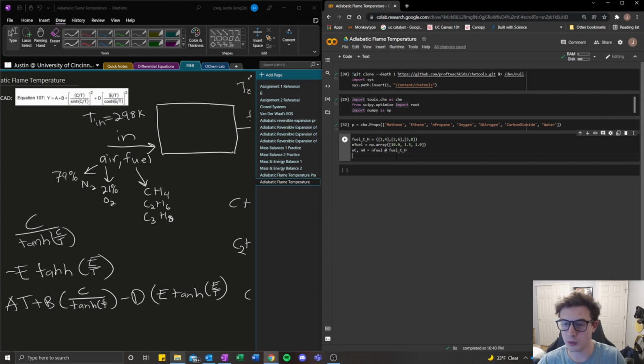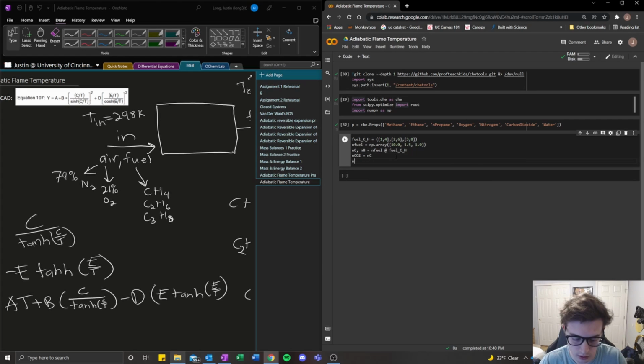So the first thing we want to know is the number of moles, we'll start with carbon dioxide. So the number of moles of carbon dioxide is going to be equal to the number of moles of carbon. That one's pretty simple.